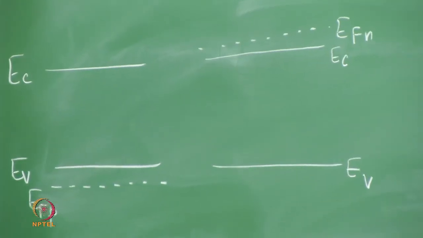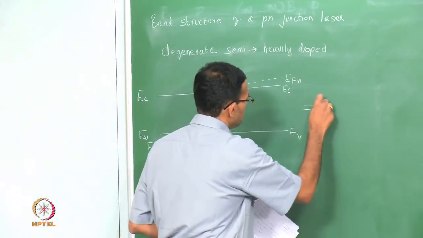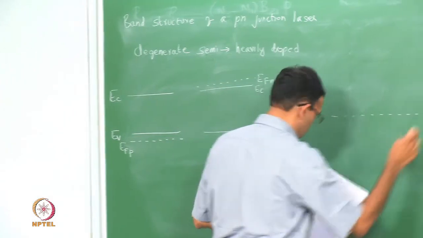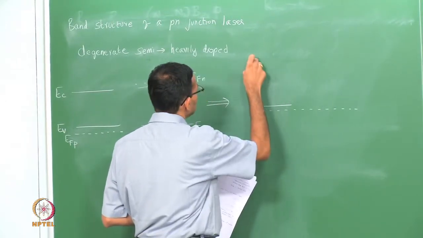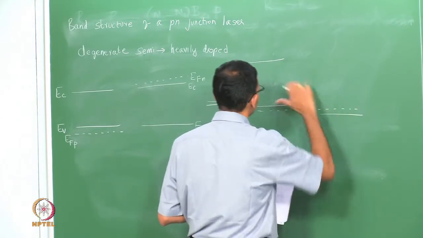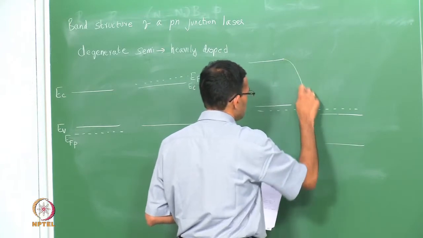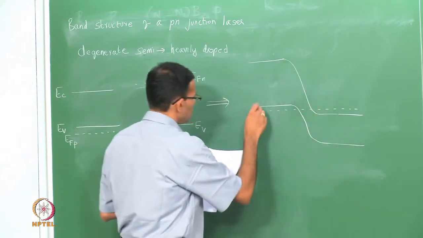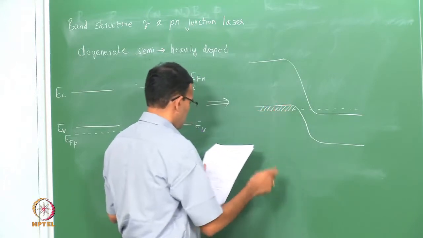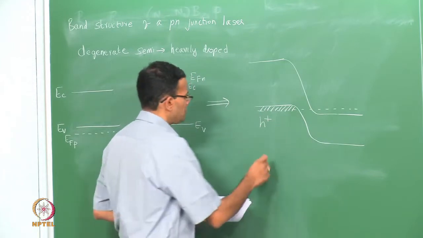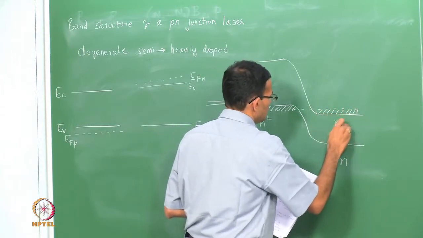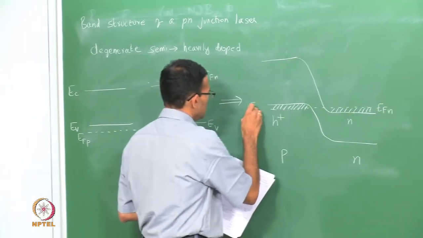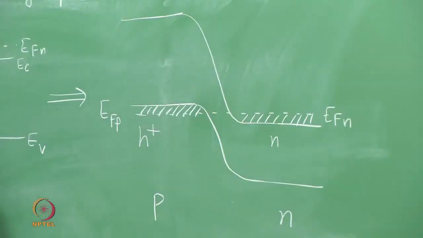So, in this particular case, if we form a p-n junction with these two, these are the excess holes that are there on the p side, these are the excess electrons on the n side. The depletion region is also very narrow because we have heavy doping.